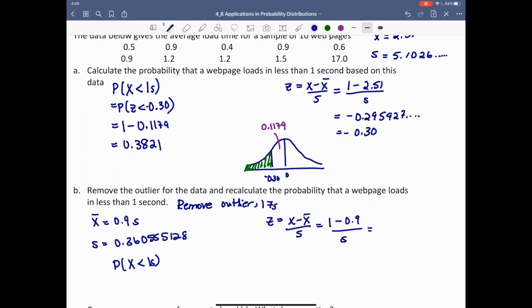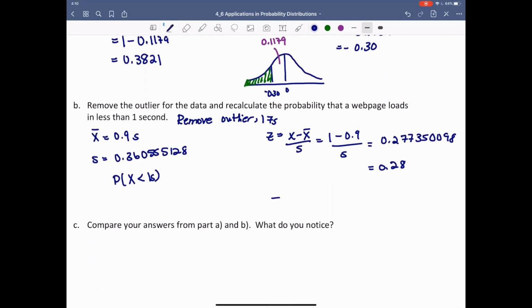We find that it's equal to 0.277350098, which rounds to 0.28, 2 decimal places. And we are looking at the probability of z being less than 0.28. So it's everything to the left of 0.28.